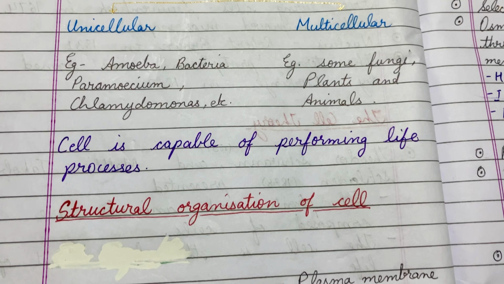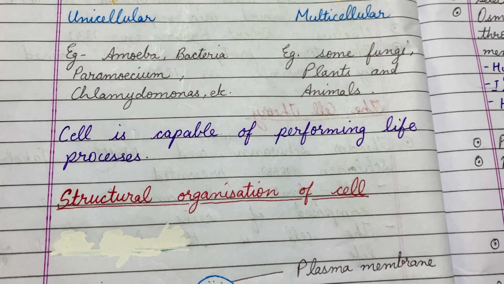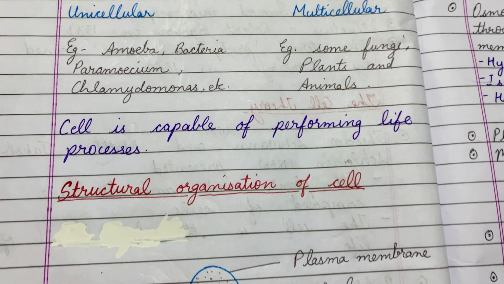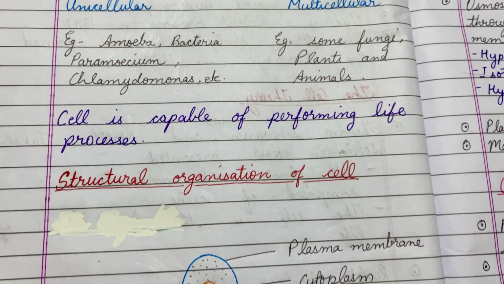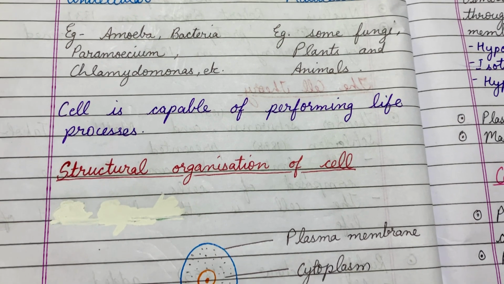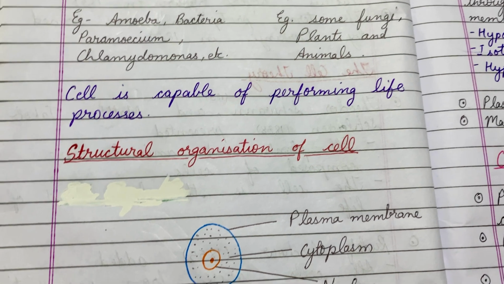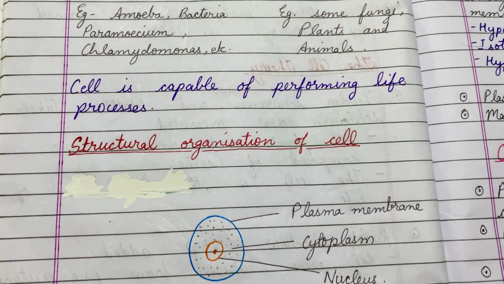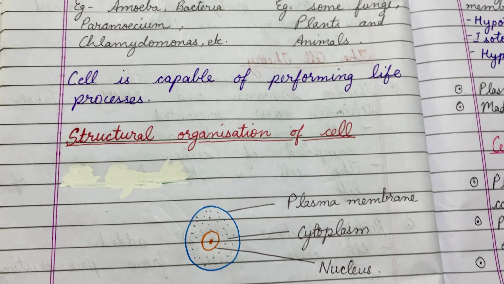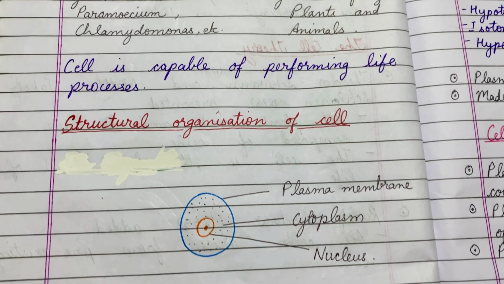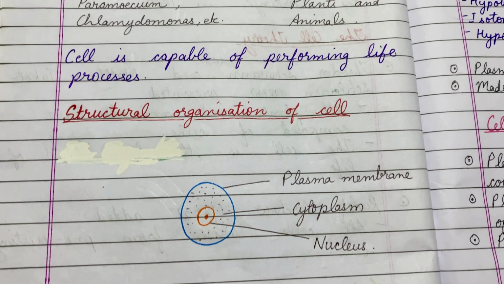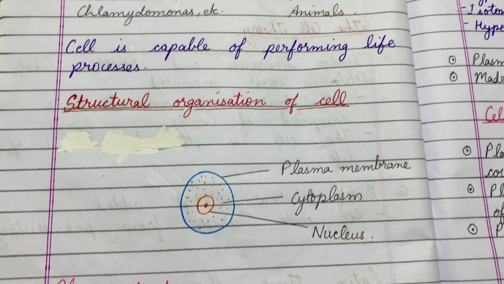They are composed of two or more cells. Amoeba, bacteria, paramecium, and chlamydomonas, etc. are some unicellular organisms, while some fungi, plants, and animals are multicellular organisms.